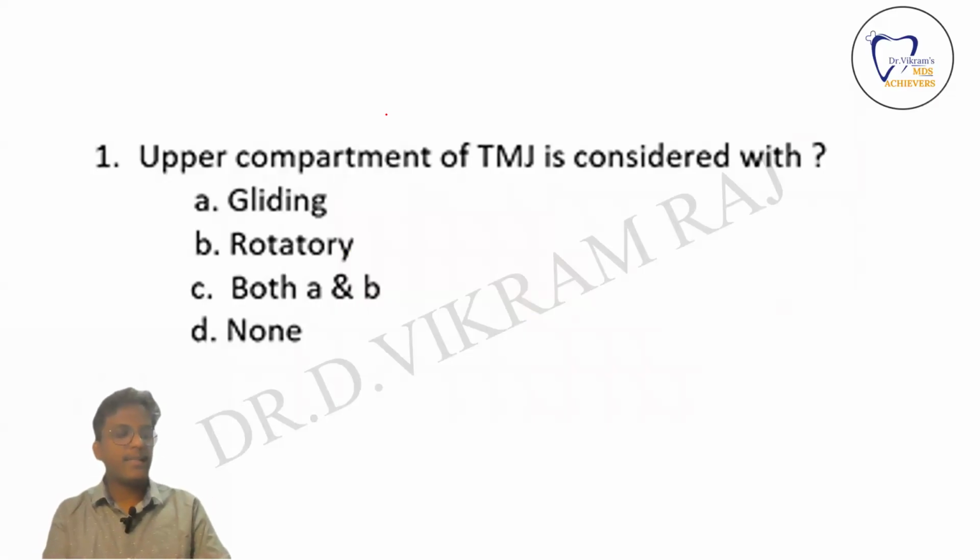Just drop the answer in the chat. Each and everyone, I want you to answer. If you have any doubt, I will go back and explain. Yes, it's a gliding movement.